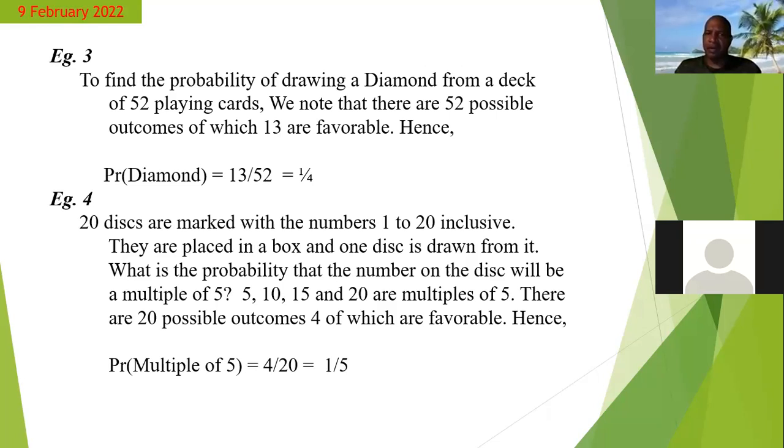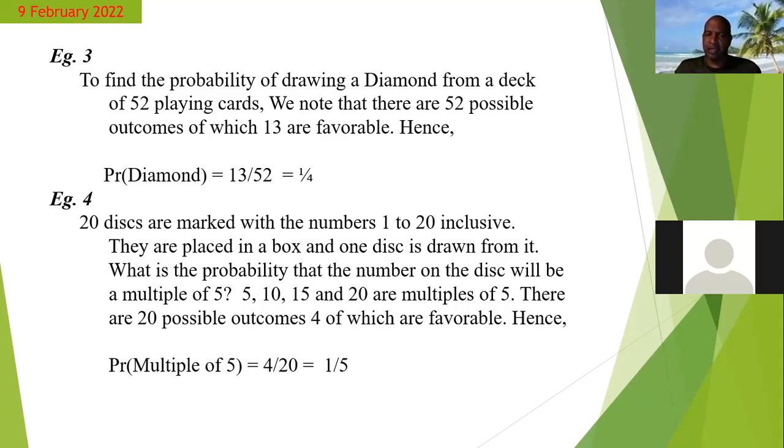So our favorable outcome would be 13, and the total number of cards in the pack would be 52. So we would put what we're in favor of out of the total. So the probability of diamonds, the likelihood that we would get a diamond, or the chance of getting a diamond.